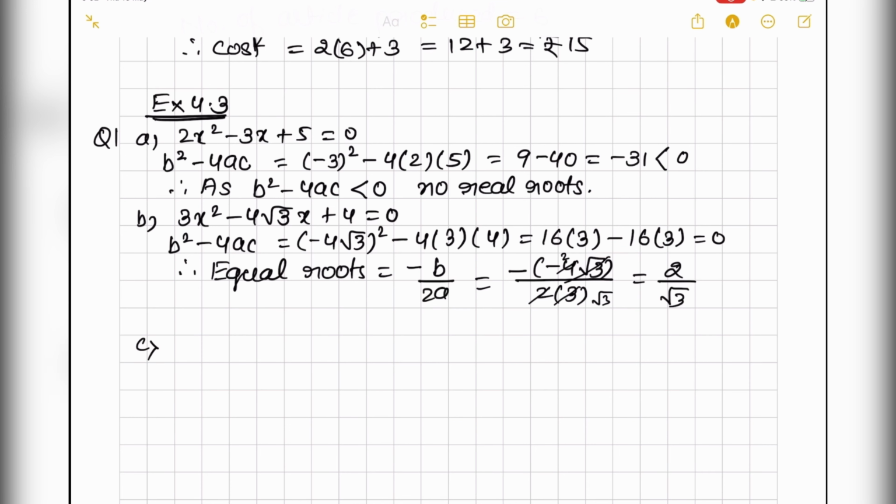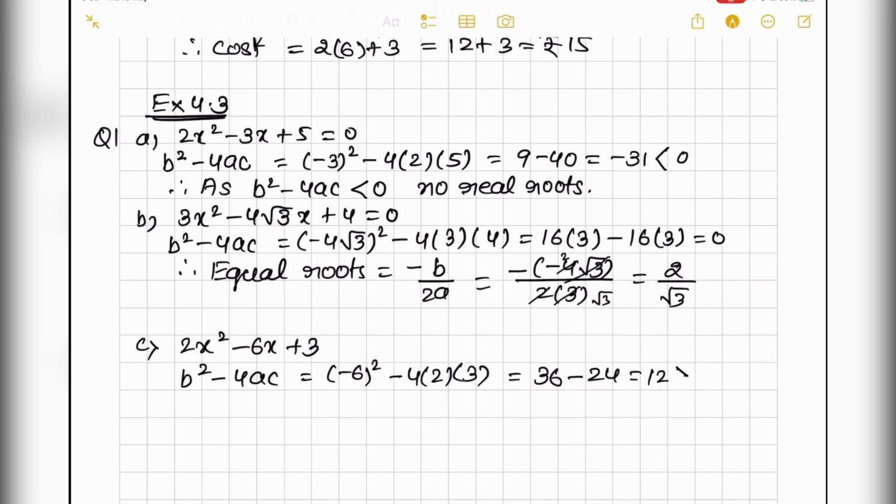Then the third one is 2x square minus 6x plus 3. So doing b square minus 4ac: minus 6 whole square minus 4 into 2 into 3. So 36 minus 8 3s are 24. So that is 12, which is greater than 0. So therefore, two distinct roots.